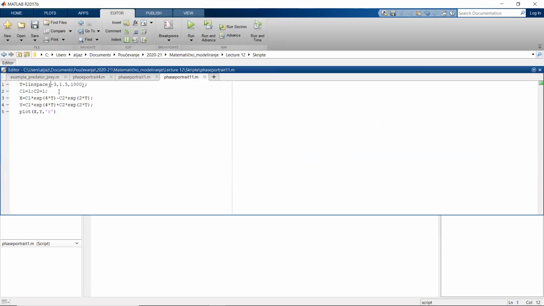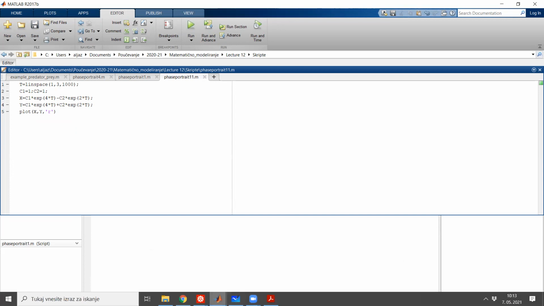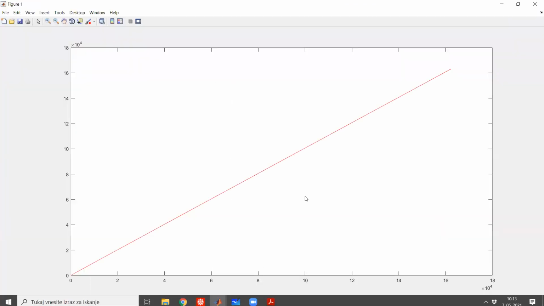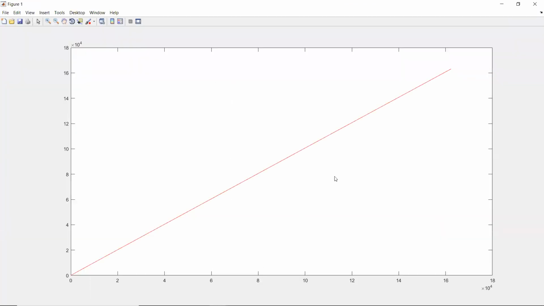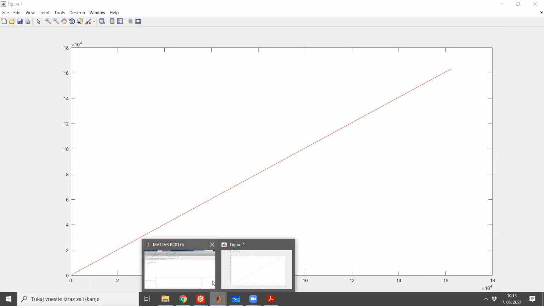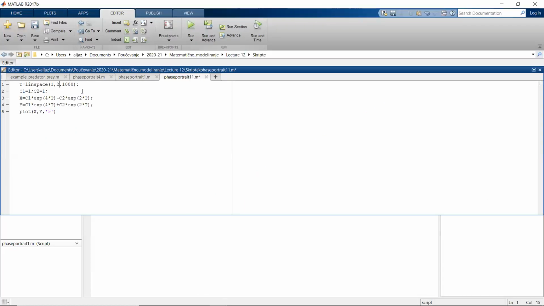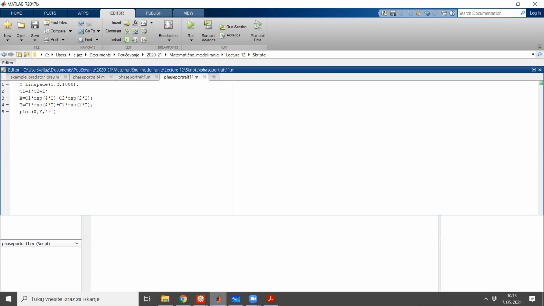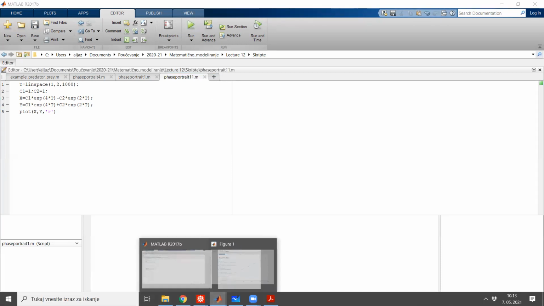And I will take only these which are big, 1, 2, let's say 3. Let's see if this gives us better asymptotic behavior. Yeah, now it looks like it's this line. So maybe 1 to 2, so that we'll see that it's really coming close to this line.